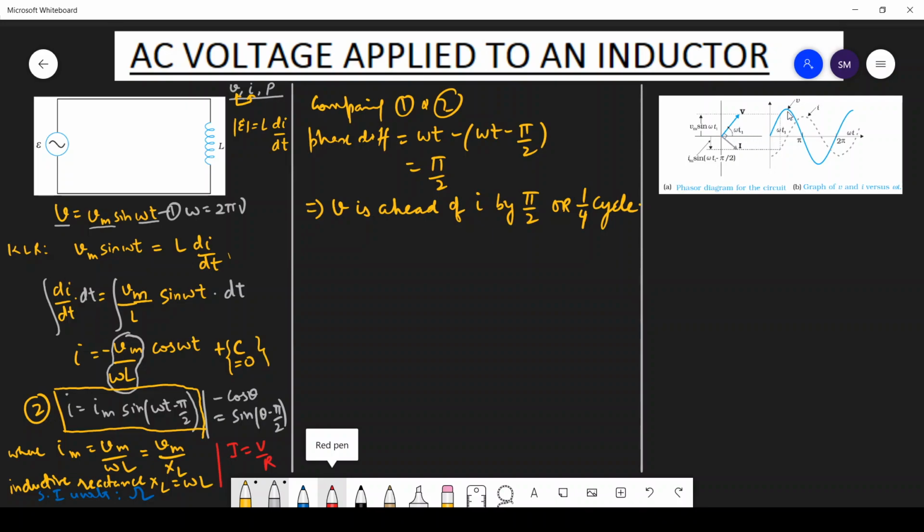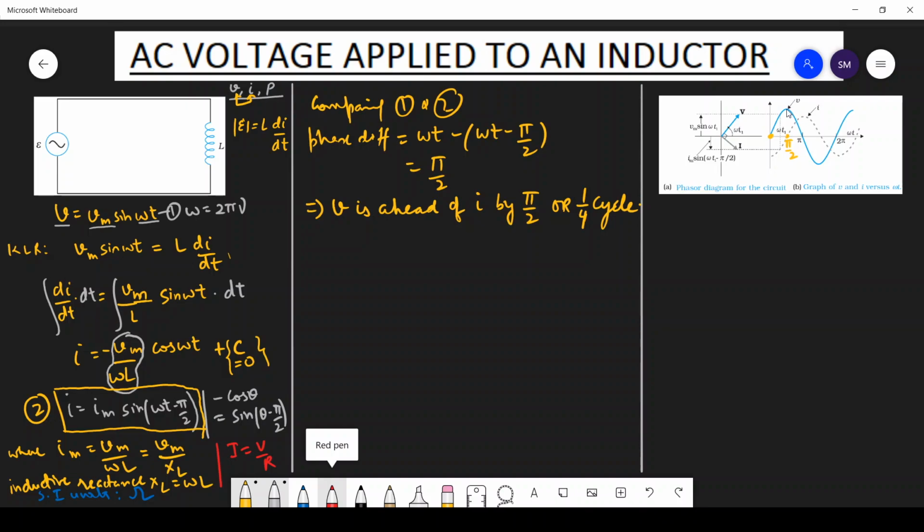Look here, voltage is 0 here and current is 0 here. So this is pi by 2. Current becomes 0 after pi by 2 radian, so current is lagging.